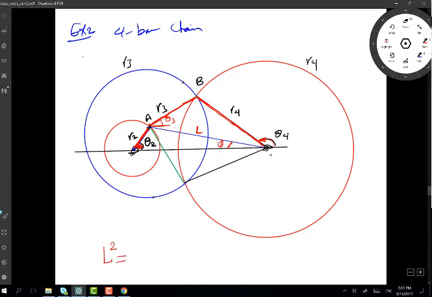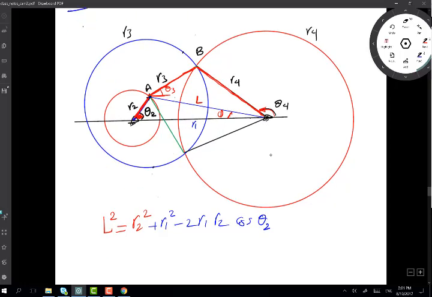I can say L squared is equal to R2 squared plus R1 squared, where this here is R1, minus 2 R1 R2 cosine of the angle that falls between them, which is cosine theta 2. So this gives me an expression for the length L.